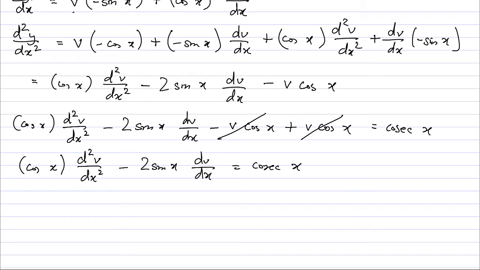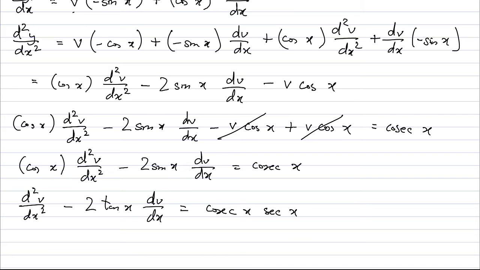So you'll get that double derivative of v minus 2 tangent of x dv by dx is equal to cosecant, which is 1 over sine of x, and then you're dividing by cosine of x, so this is going to give you cosecant of x secant of x. That's essentially what you get.